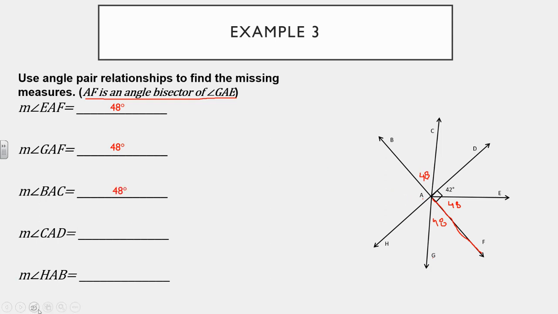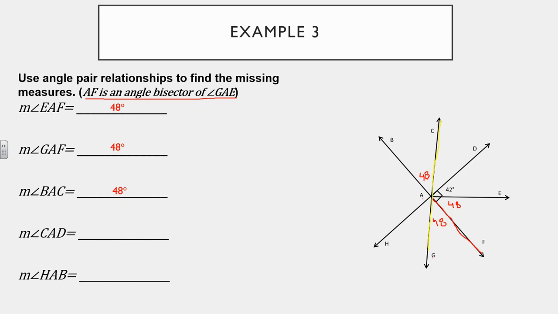Well, what about CAD? Again, let's point that out. C, A, and D. How do we figure that out? Go ahead and take a look at what we have. Use what you have to your advantage. I've got a straight angle here, a complete straight angle.